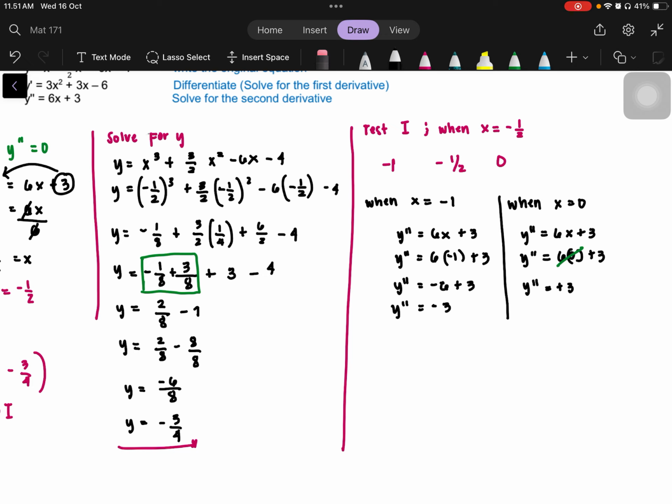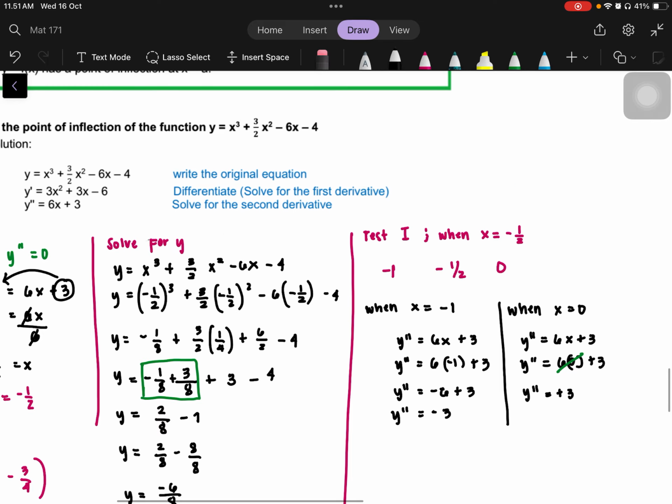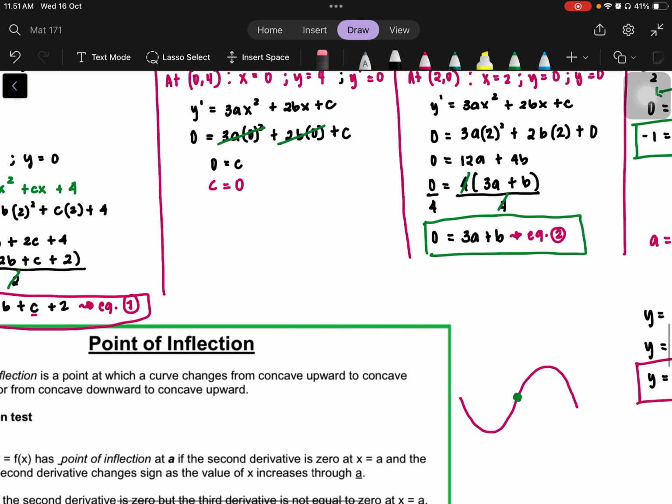So, ibig sabihin, kung papansin natin, yung ating second derivative ay nag-negative to positive. Okay, nag-negative to positive siya. So, nag-change siya ng sign. So, therefore, meron tayong point of inflection talaga. Okay, nagpalit siya eh. Kung papansin natin, this is negative. So, kapag negative ang double prime, ano na nga?